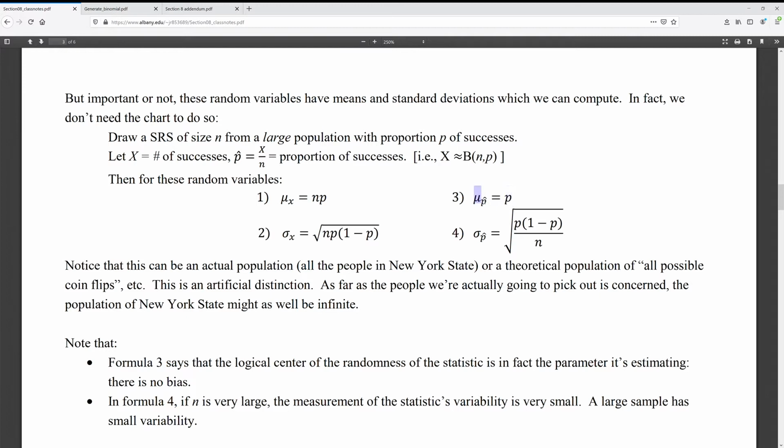The logical center of the randomness of the thing you're estimating with is the thing you're estimating. Let me blow that up and say it again.